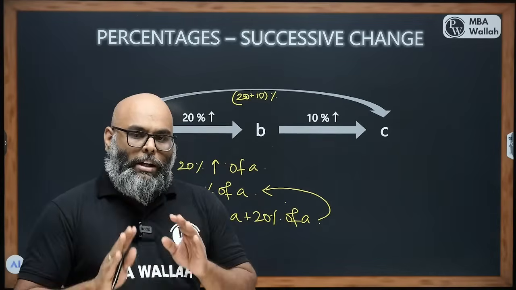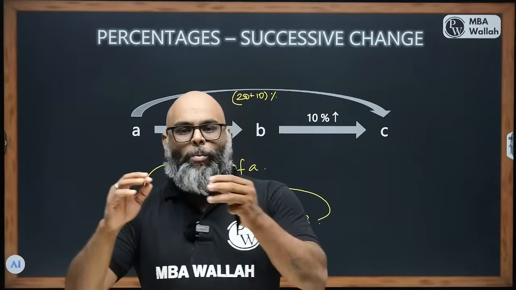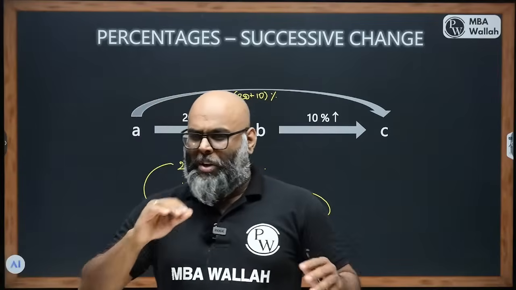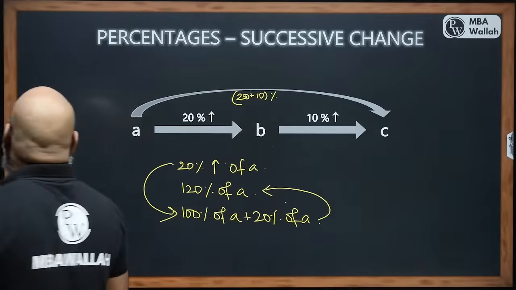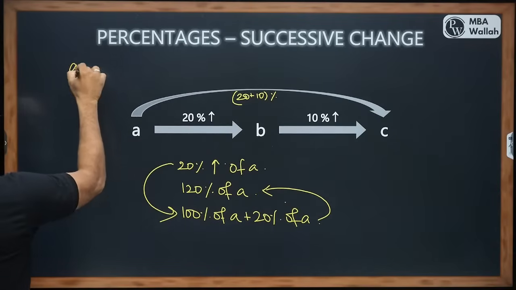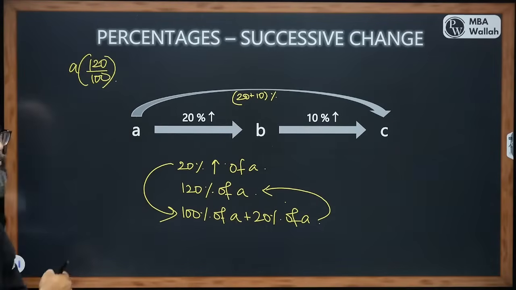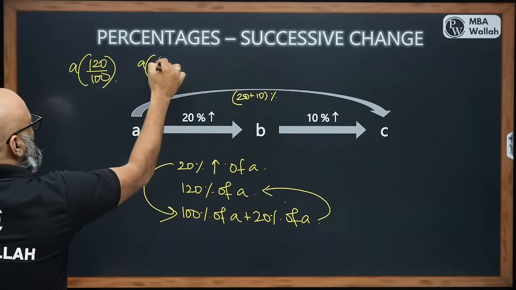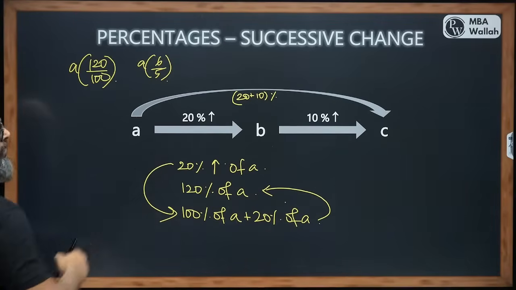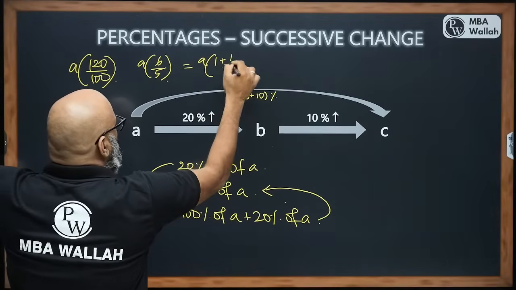So how do you write 120 percentage? There are multiple ways you can write 120 percentage. Depending on the question, I will change the format. Depending on the question, you will be able to change the format. The conventional method is A into 120 by 100, which I can write as A into 6 by 5. Why is that so? Because it is A into 1 plus 1 by 5.